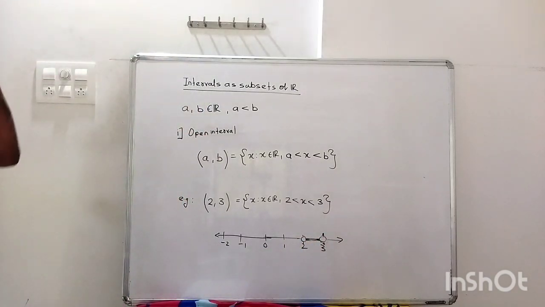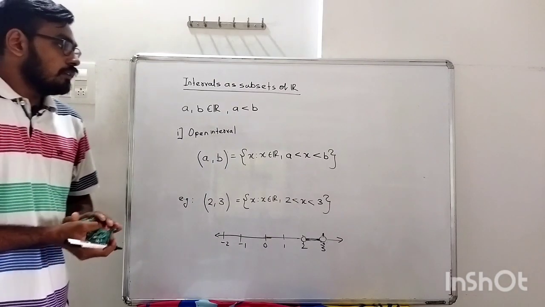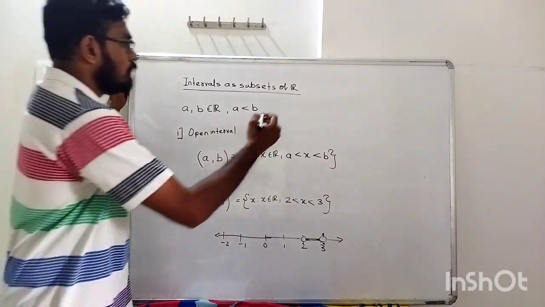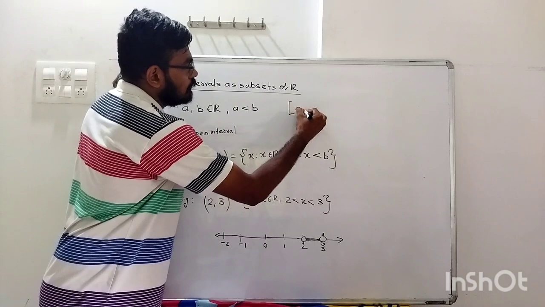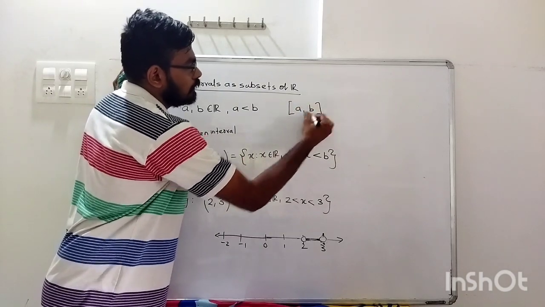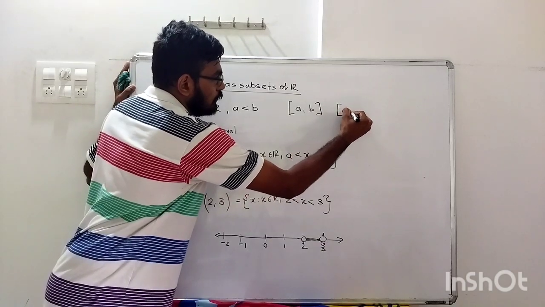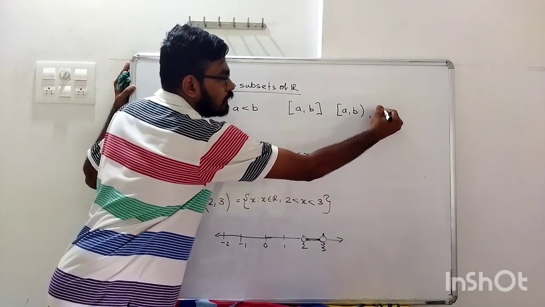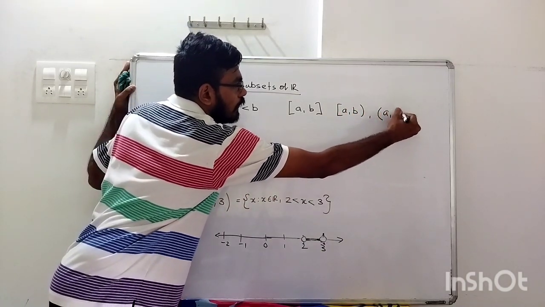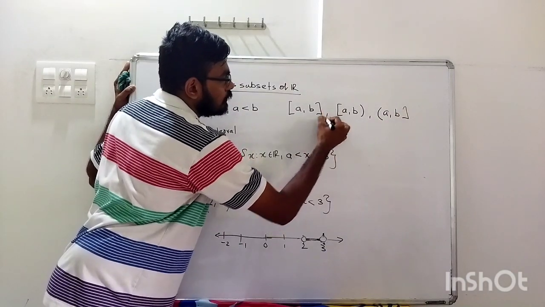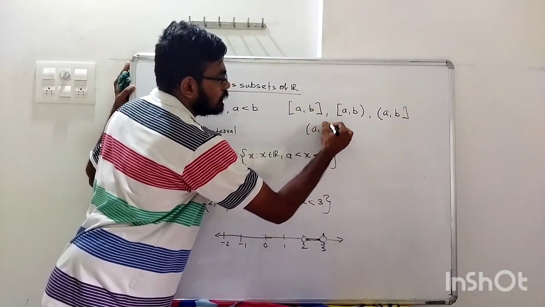Okay, so there are 4 types. The first type is we include the first one and the second one also. The second type is we include one and exclude the other. Like this. And the last type is we exclude both. There are 4 types of intervals.